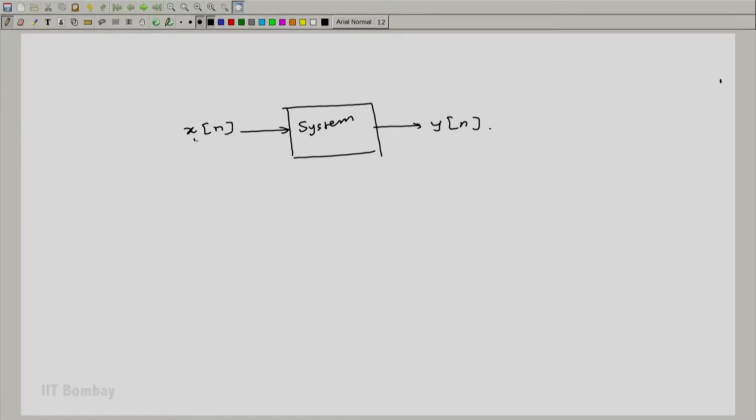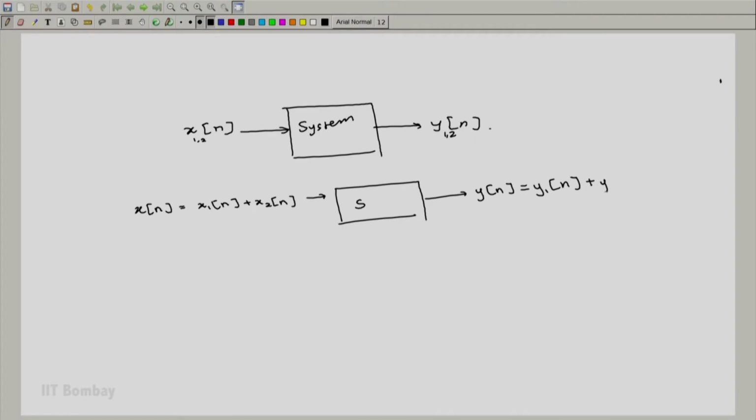So, if x1 and x2 are two inputs and y1 and y2 are the corresponding outputs, then if we give the input x of n equal to x1 of n plus x2 of n to the system, and if the output y of n is equal to y1 of n plus y2 of n for all x1 of n and x2 of n, then the system S should be additive. That is a very good explanation.